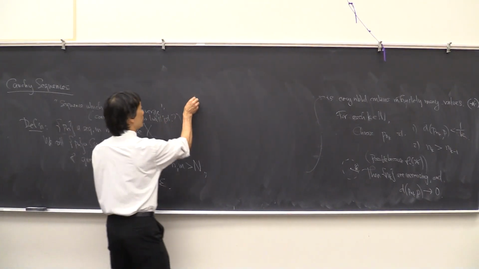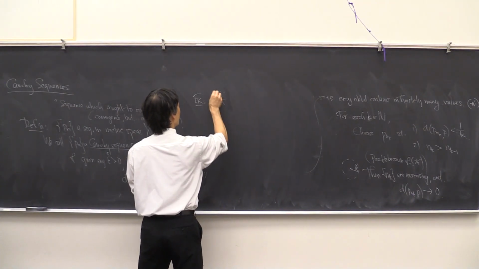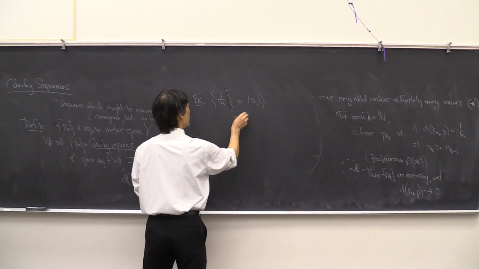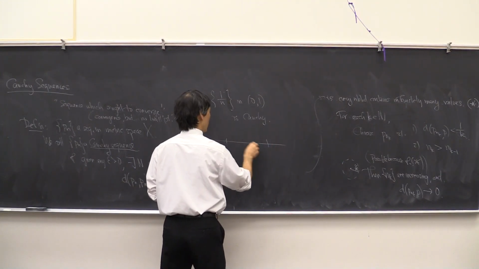Okay, so for example, the usual example, 1 over n in (0, 1) is Cauchy.